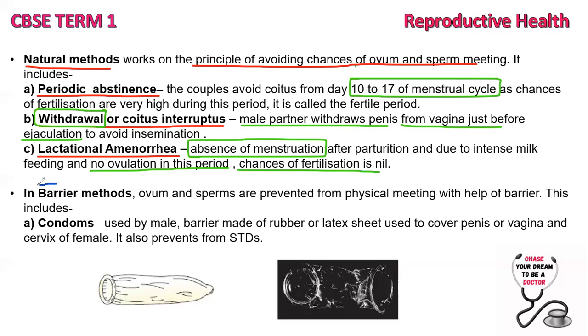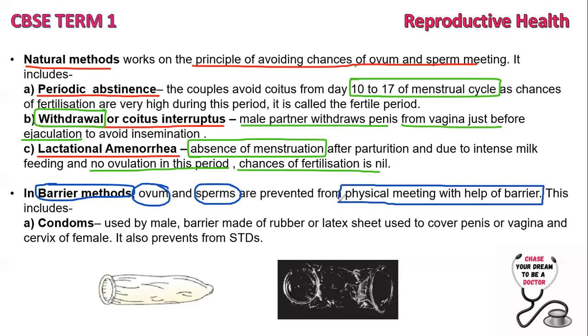Coming on to the second method, that is the barrier method. Here the ovum and the sperms are prevented from physically meeting with the help of a barrier. This includes the following. Number one, the use of condoms. This is the male condom. This is the female condom. Condoms are used by both males and females.